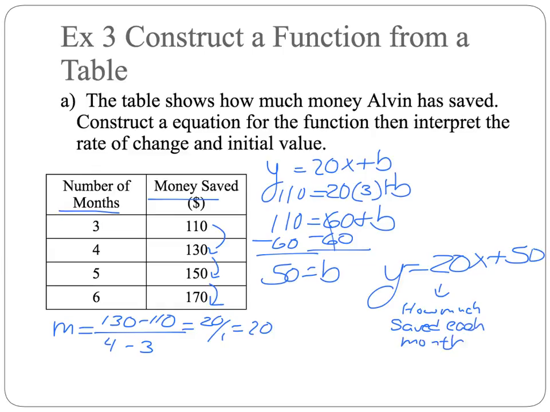And then if you remember, our y-intercept, if we're not told specifically, is always going to be known as your starting amount. It's how much he started with when he went to try to save. So starting amount.